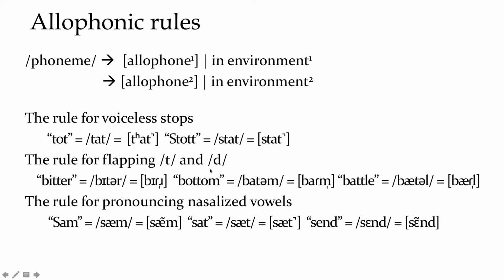The rule for flapping T and D: the T phoneme and the D phoneme both end up getting pronounced as this flap sound between vocalic things, between vowels. So bitter, which would be made of 5 sounds, some B-like sounds, some I-like sounds, some T-like sounds, some unstressed vowel, and some R, gets actually pronounced by most Americans as bitter because T between two vowels gets pronounced as a flap.